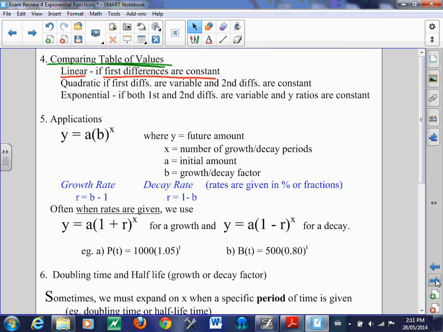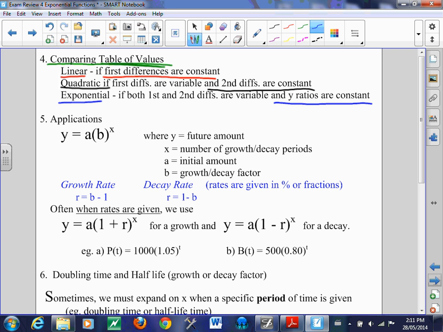It's going to be quadratic if you're given a table of values if the first differences are variable and the second differences are constant. And it's going to be exponential if both the first and second differences are variable, but the y ratios are constant. All right.